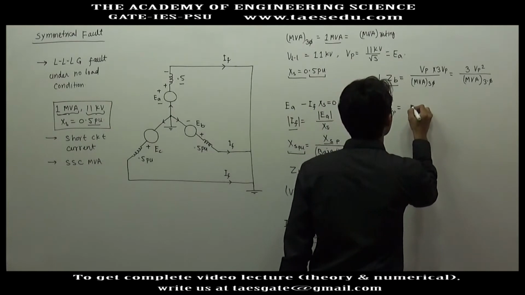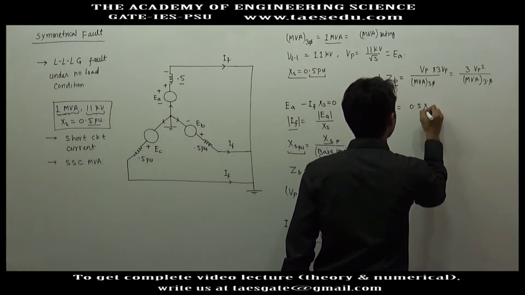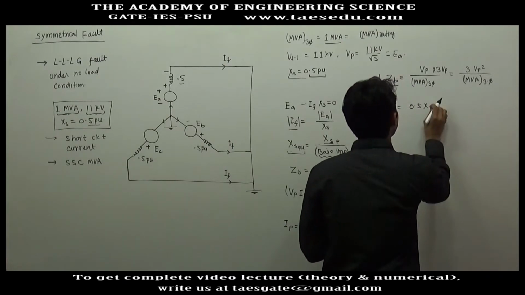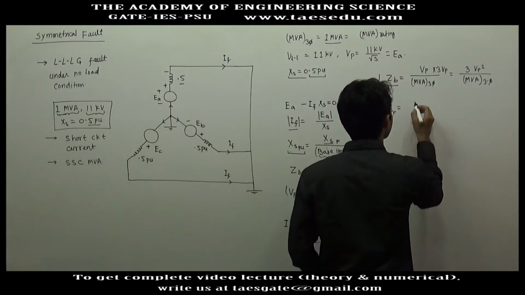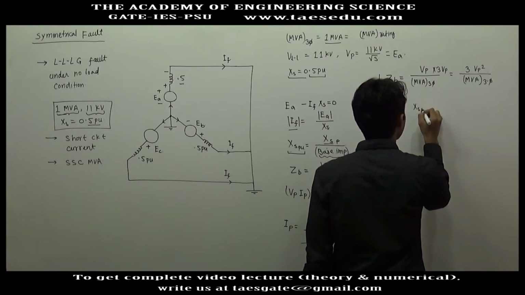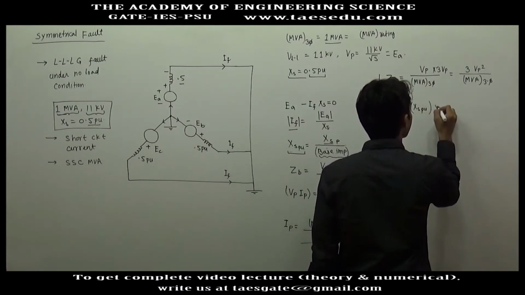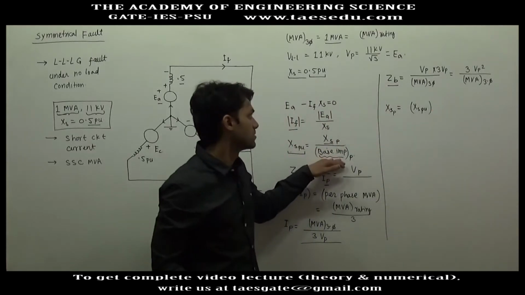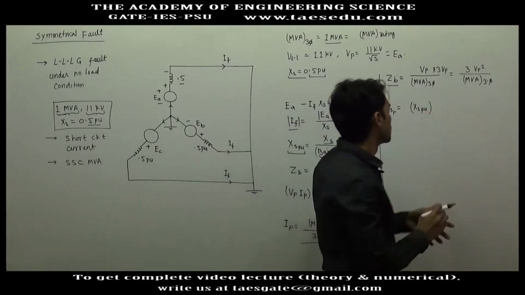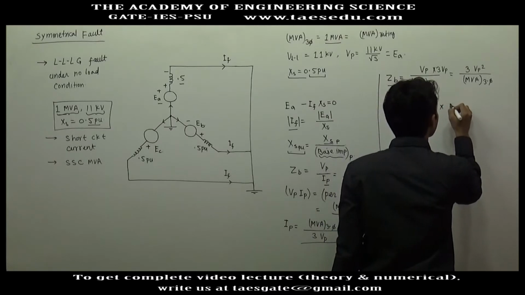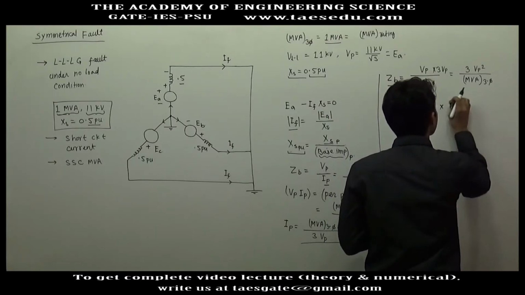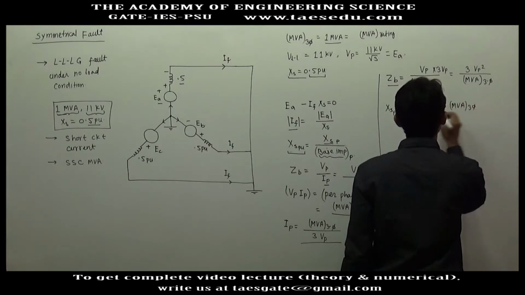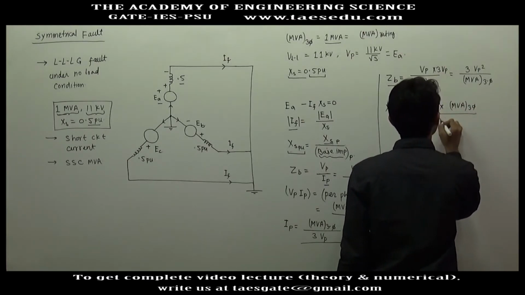The value given in PU is 0.5 into... or let me write it as a variable first, the synchronous reactance in PU into, here you have divided by base impedance, so here you will have into the 3 phase MVA rating divided by 3 Vp square.